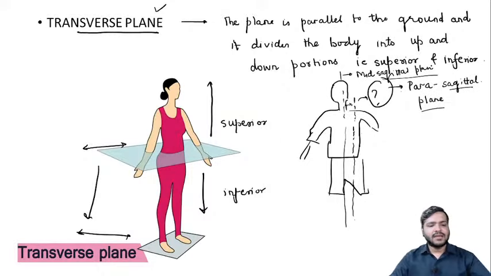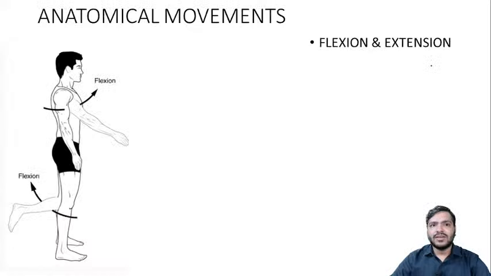So apart from that guys, the last and very important topic for today is the anatomical movements that you all have to be perfect with, because you will learn muscles of the upper limb, lower limb and all over the body in future. So you should know these anatomical movements in regard to the actions of the muscles as well.